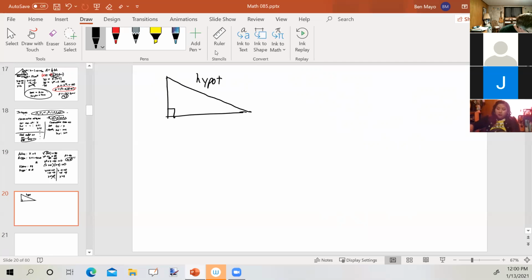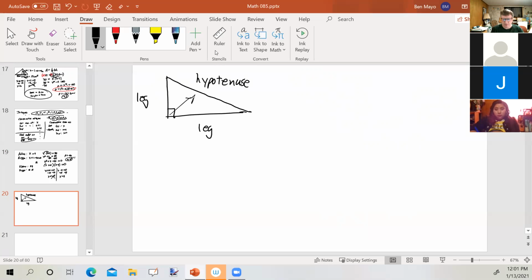Let's see if I'll spell that correctly. Let's see, hypotenuse. And the other two sides are called the legs. Okay. The longest side, which is the side across from the right angle, is always called the hypotenuse, and the two other sides are called the legs.